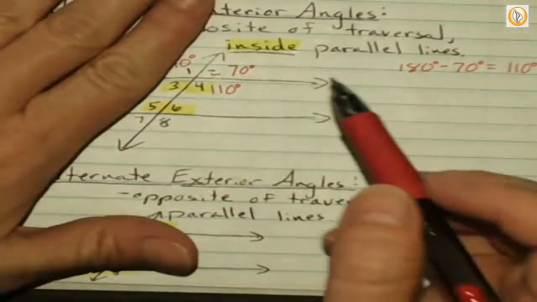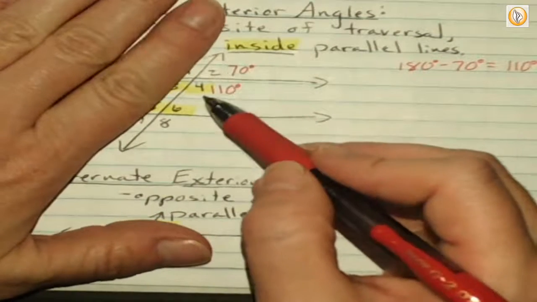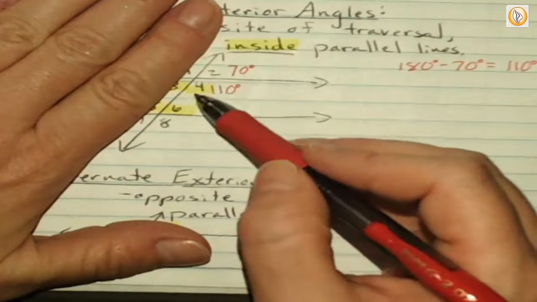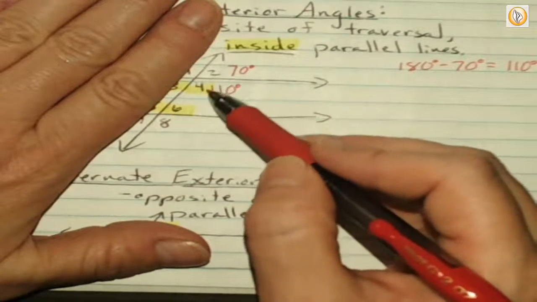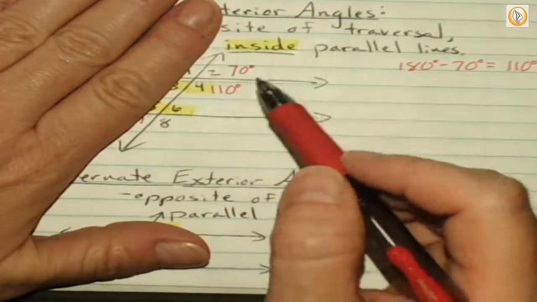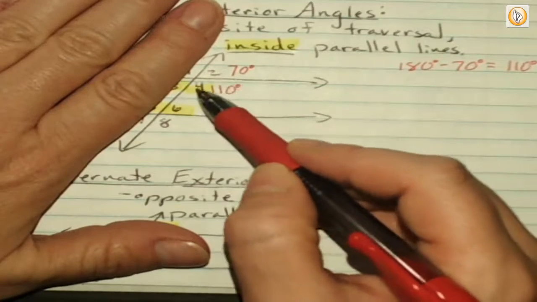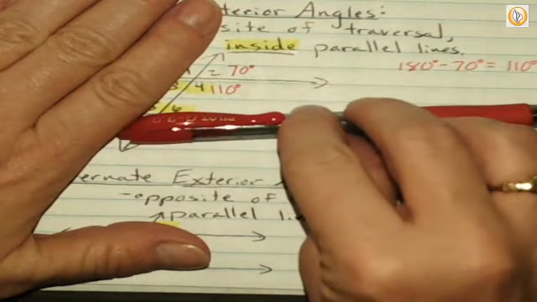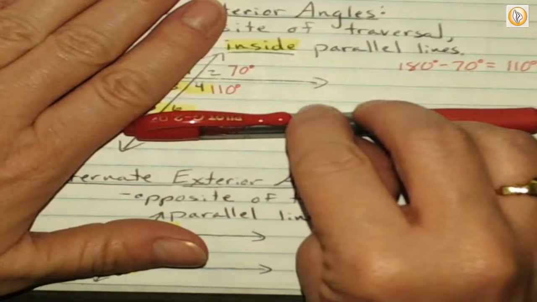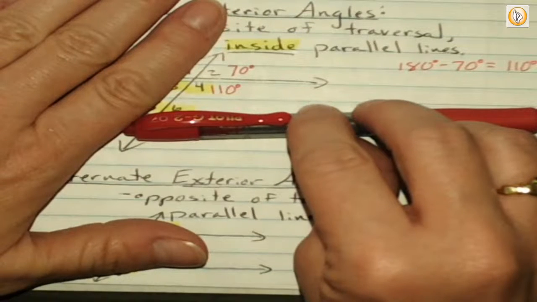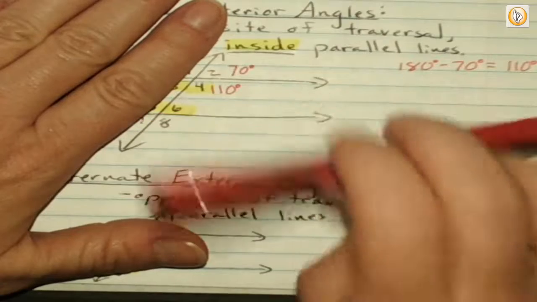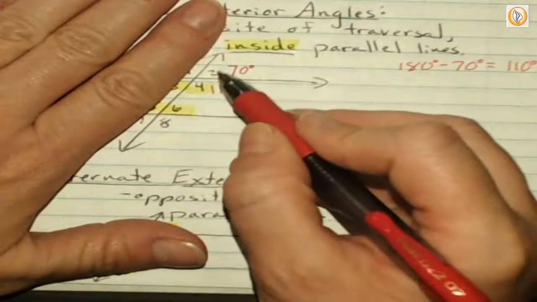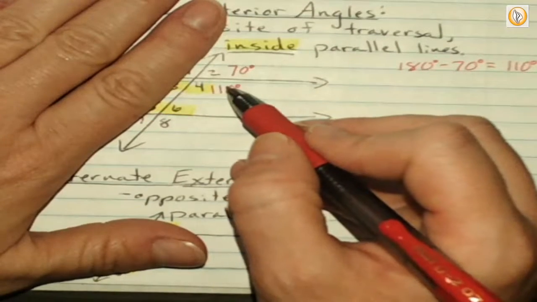But if you don't remember that, do angles 2 and 4 form a straight line? Yes, they do. Angles 2 and 4 form a straight line, so it stands to reason that if you add them together, you'll get 180.